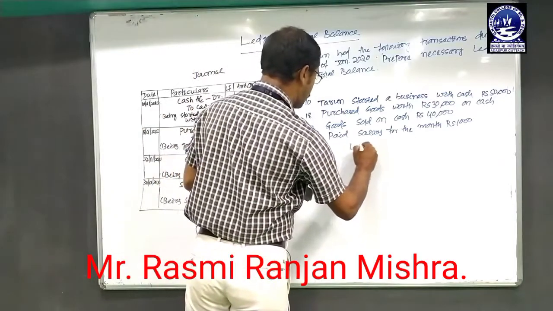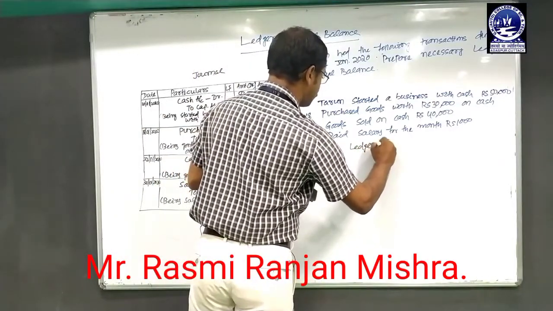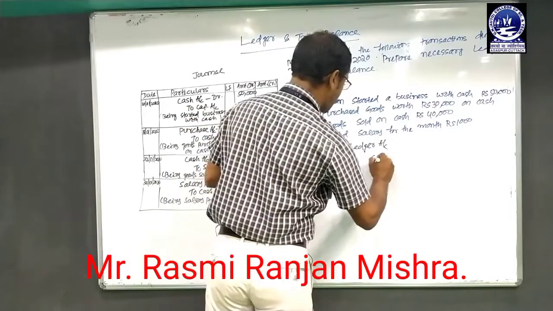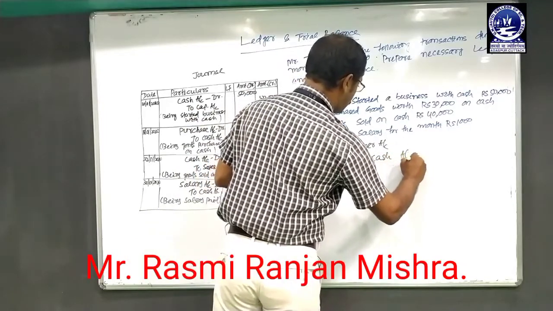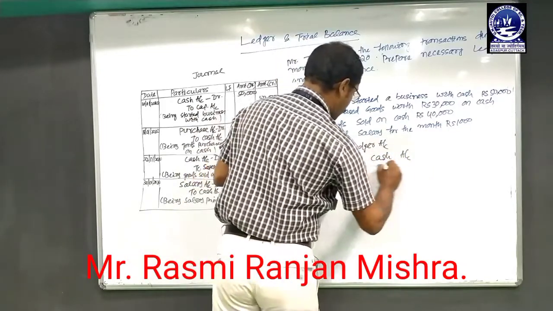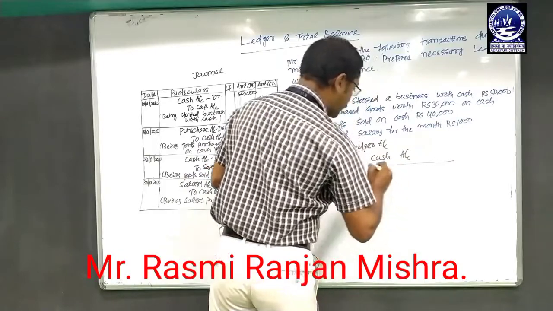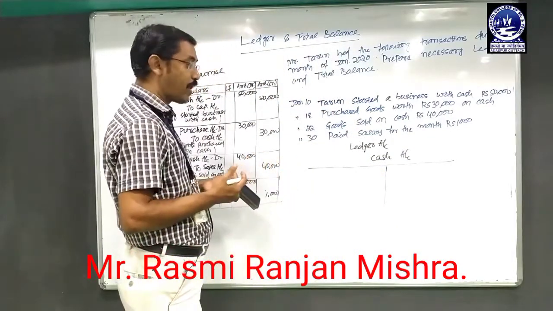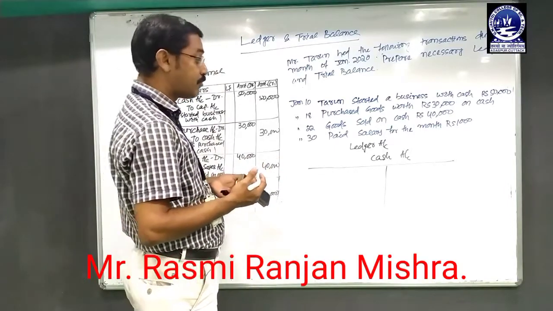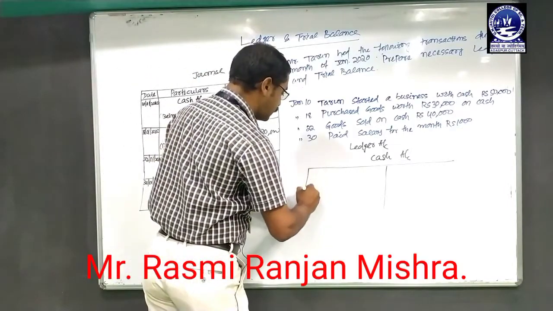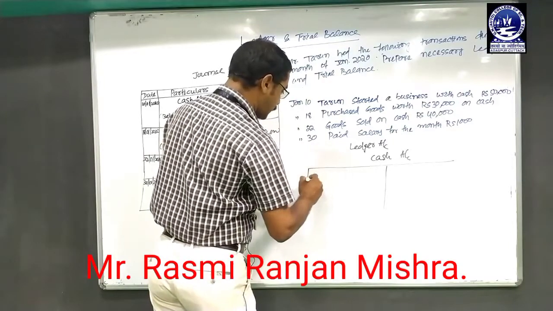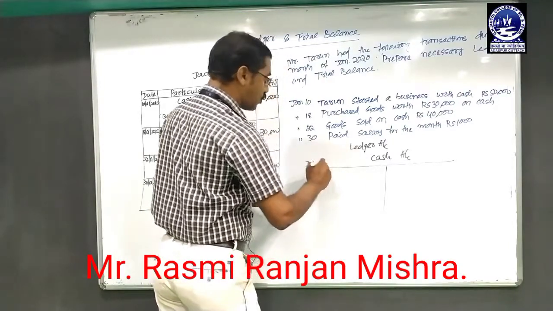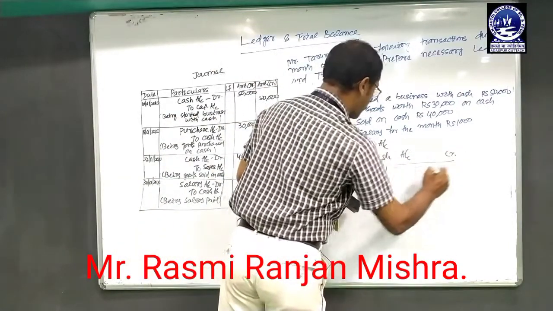The first ledger account, that is cash account. So how the ledger account has to be prepared? We have already discussed in our theory class or in our last class what is the ledger, what is the format of ledger, and how ledger will be prepared, and accordingly we have to prepare it. In ledger account there are 2 sides, the left side that is known as debit side, right side known as credit side.